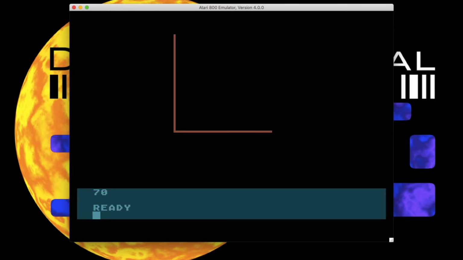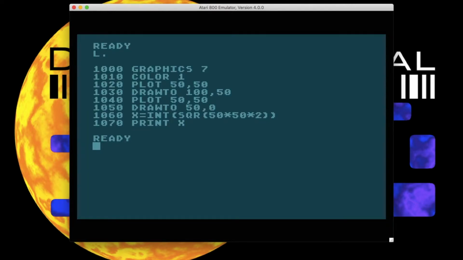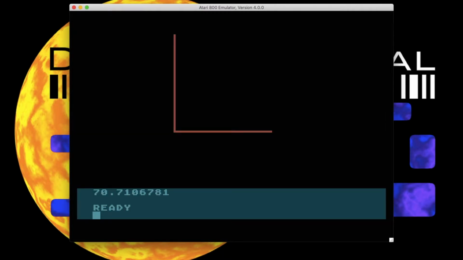Yeah, see, we got 70, which is too big. We should be getting a number that's less than 50. Let's get rid of the hint just to see what we get otherwise. 70. That looks like a square root of 2, but it's 100 times too big.